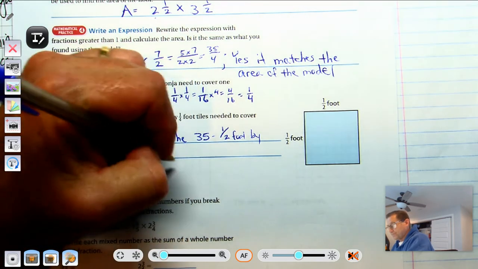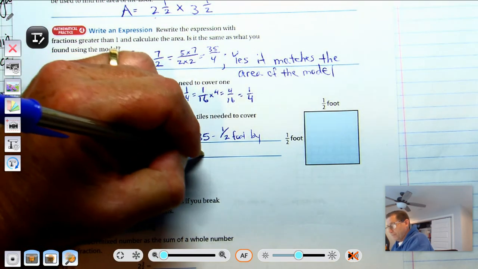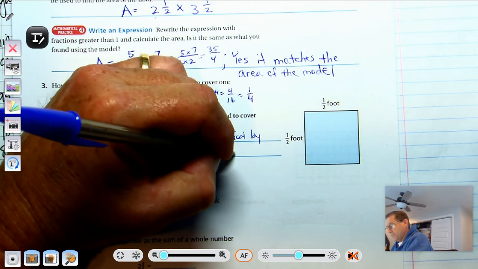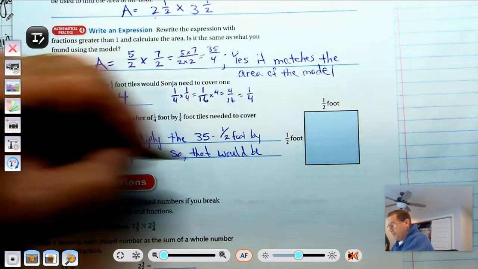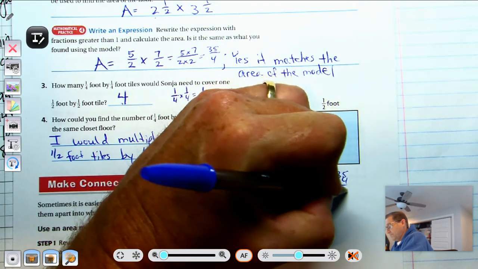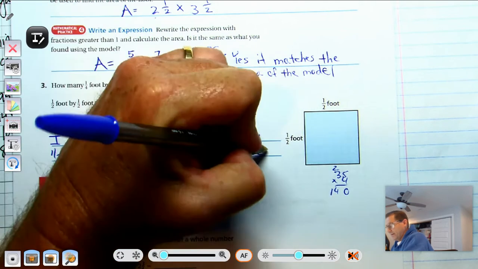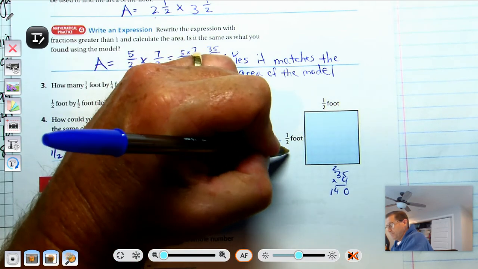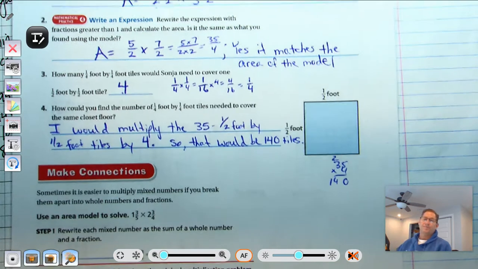So that would be 35 times 4, which is 140 tiles. Okay.